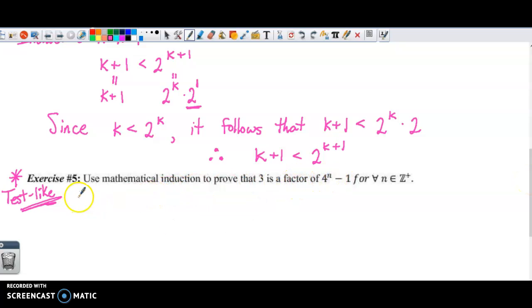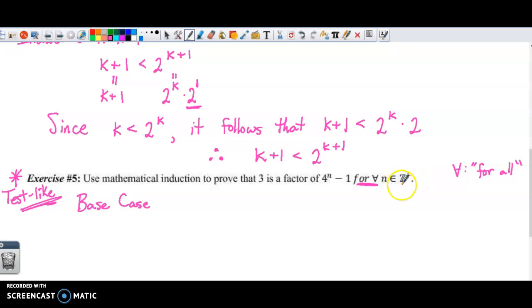So again, mathematical induction, we have to do the base case. And by the way, somebody pointed out, I actually have a typo here because the upside down A actually stands for all. So I accidentally wrote out for all, but this is the same thing as n is a positive integer.